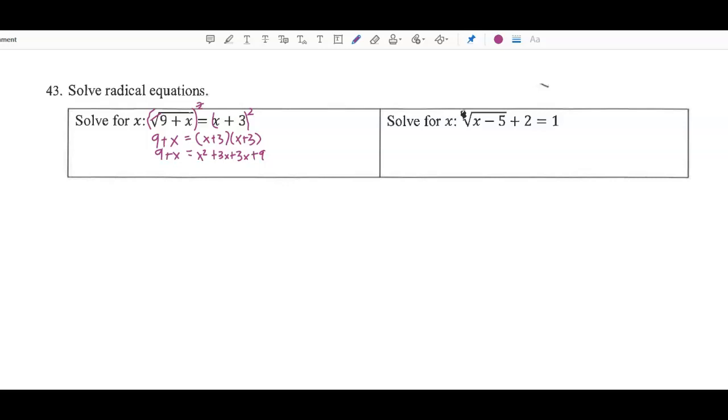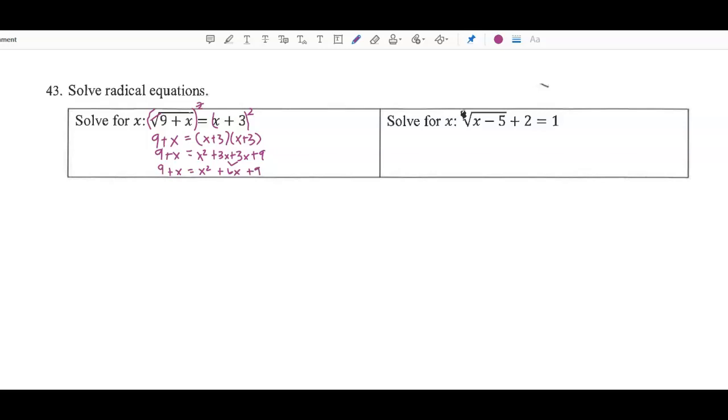And then if we keep going from here, we notice that we have an x squared. So that means that we're going to have to do some factoring in order to try and solve this. So let's first combine some like terms. So really I have 9 plus x equals x squared plus 6x plus 9.